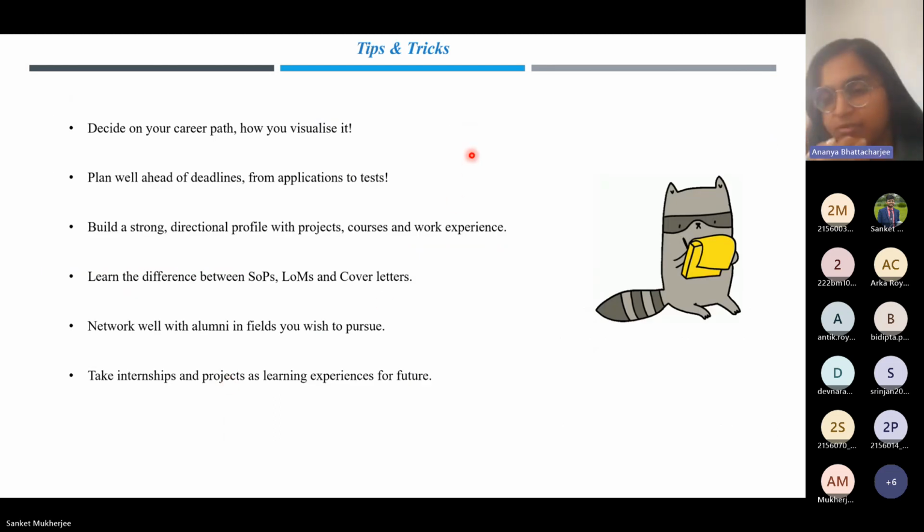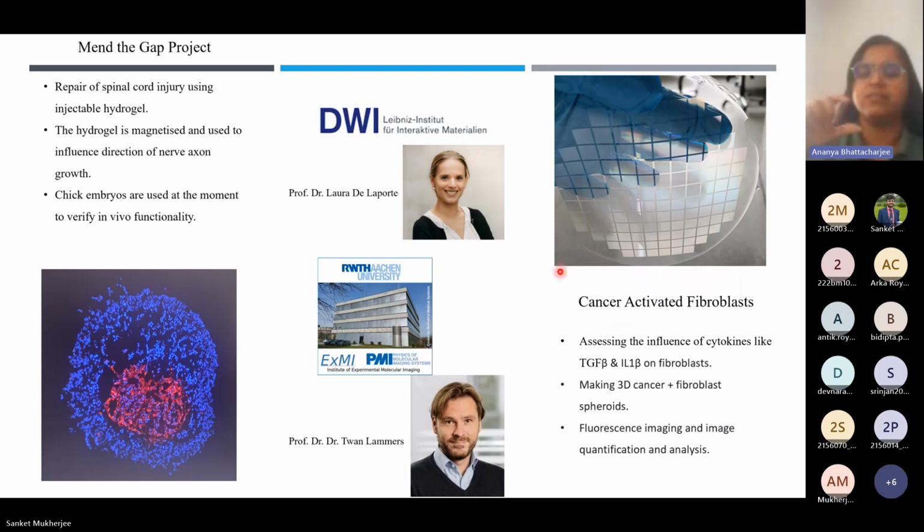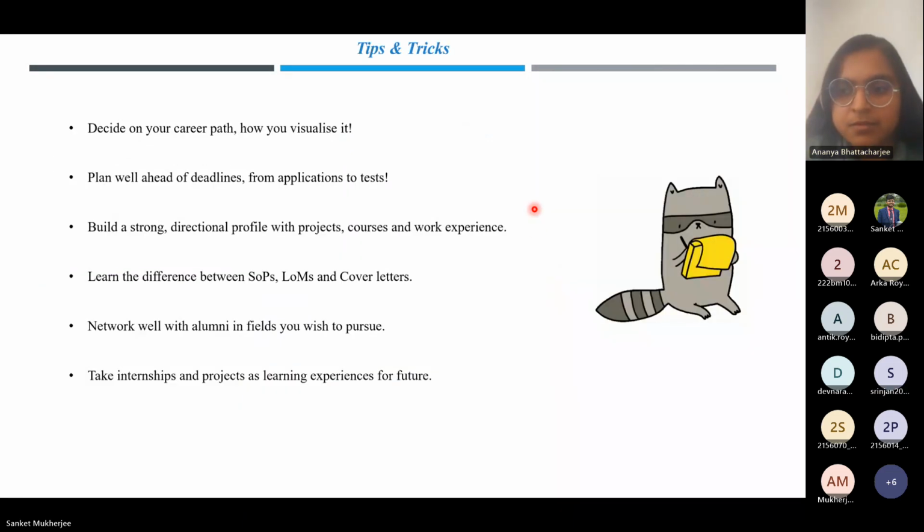That picture was how the hydrogels look when you're making them, but then you harvest them and they become very small particles of some micrometers, 20 micrometers. How are you making them? We are making them using PDMS.